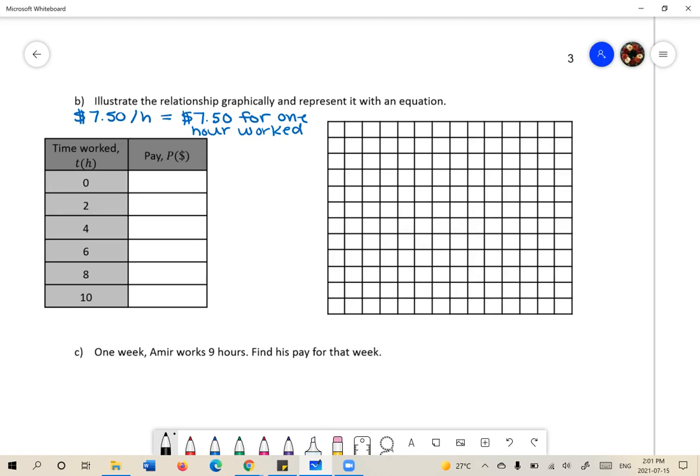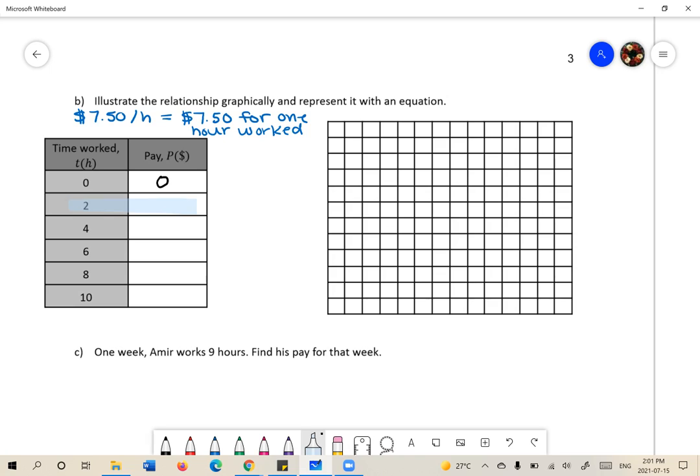So when Amir works 0 hours, what is his pay going to be? 0. When Amir works 2 hours, what is his pay going to be? Well, we know that for 1 hour, Amir gets paid $7.50.